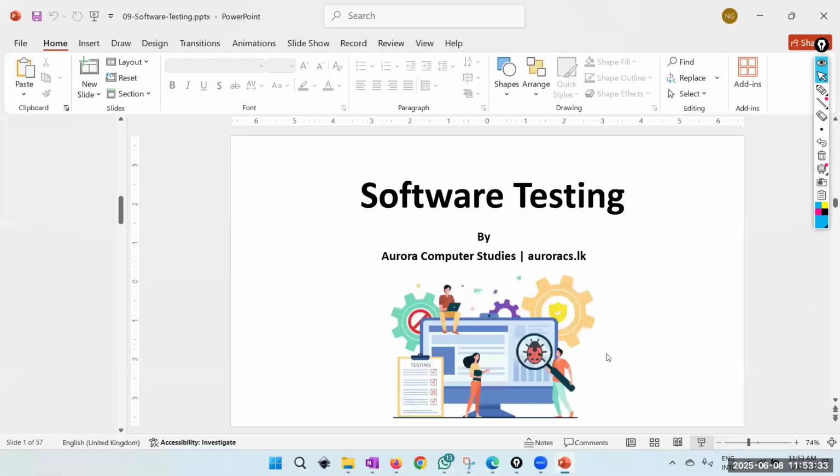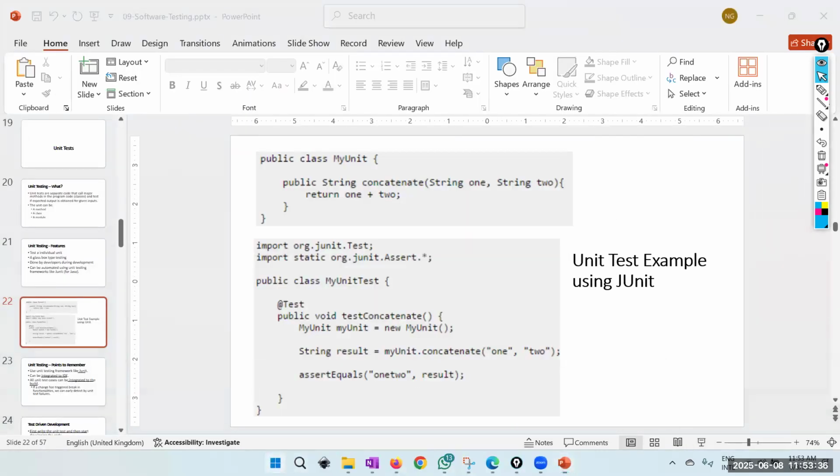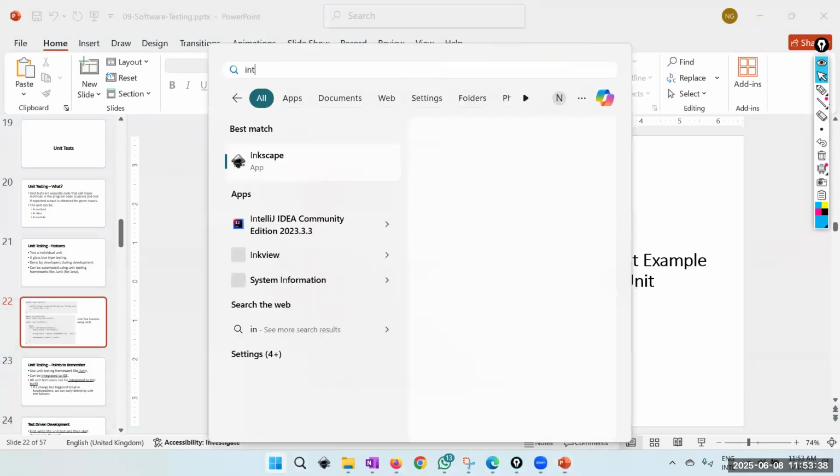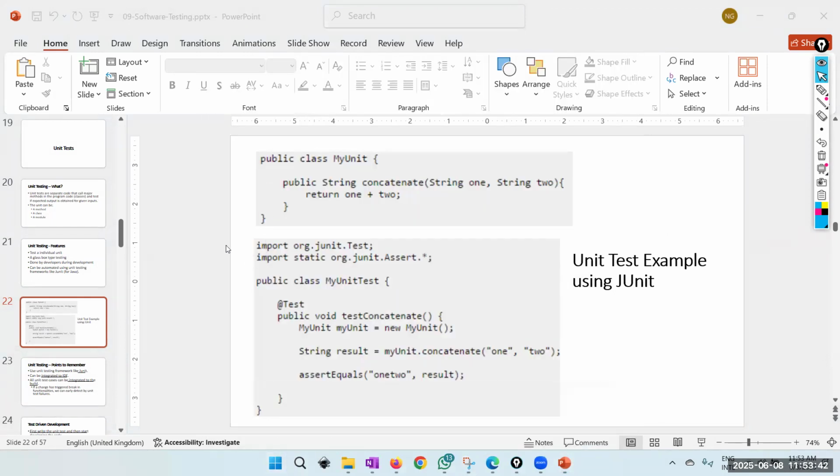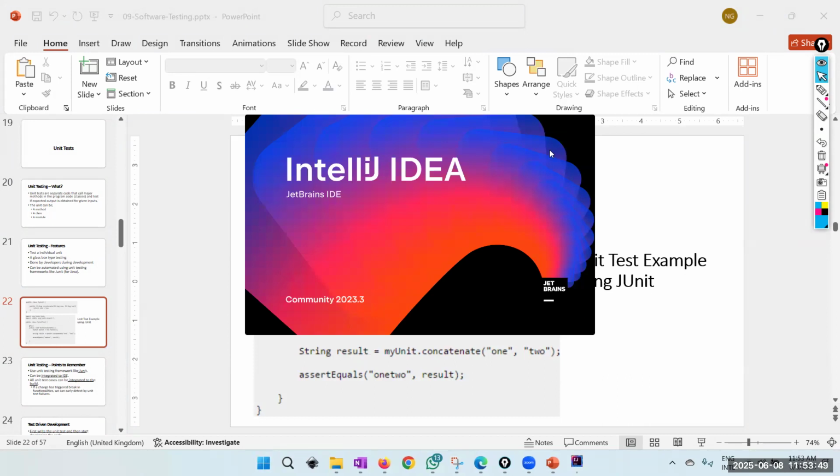Maybe I can generate a class, say in IntelliJ. Yeah, you need to configure that, okay?